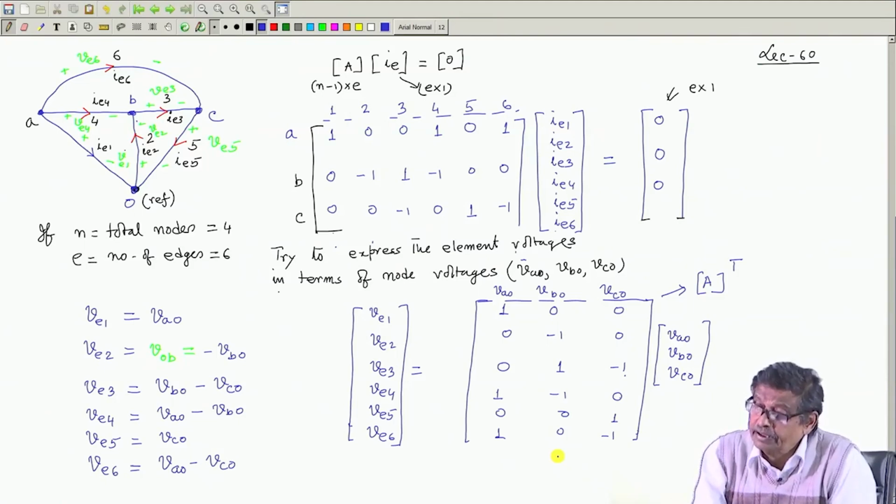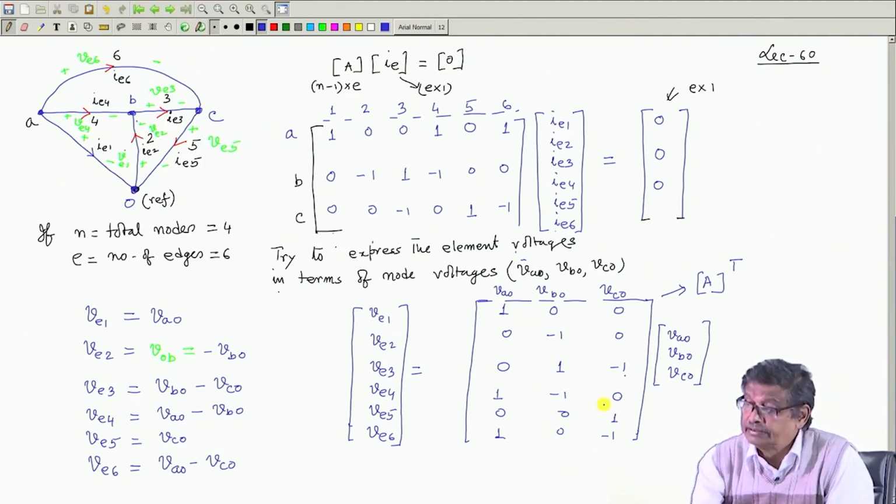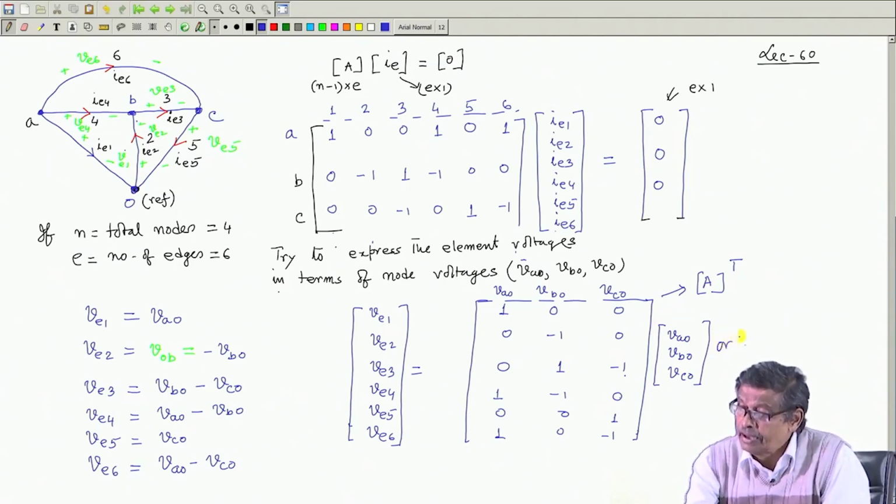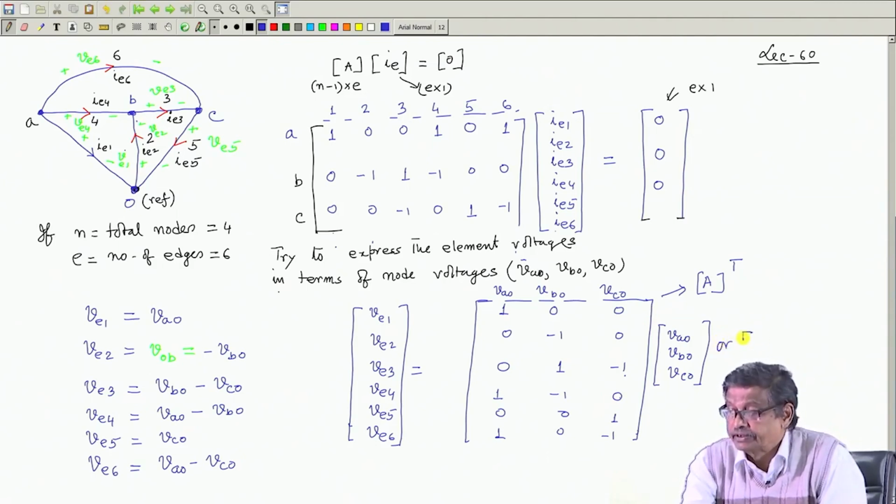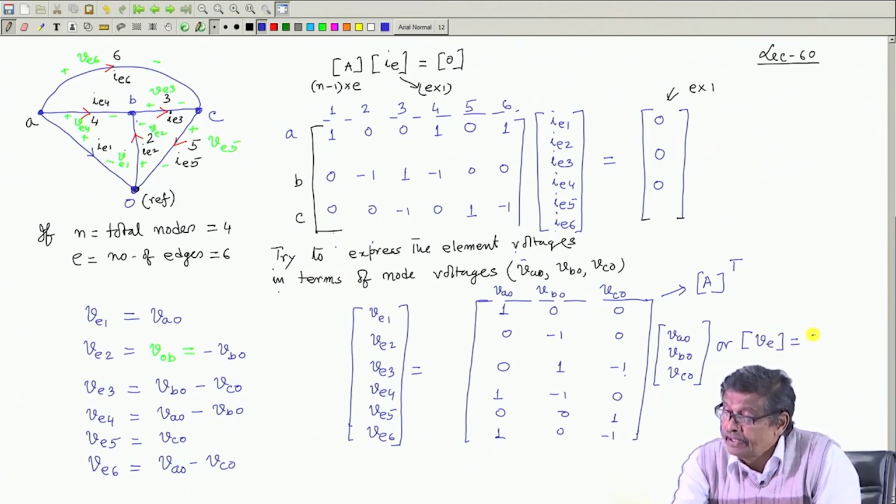The relationship between element voltages and node voltages are like this. Okay, what will be, therefore, what will be the size? So, these equations can be written in a shorthand fashion as the element voltages is equal to A transpose, that is this one, into the node voltages.